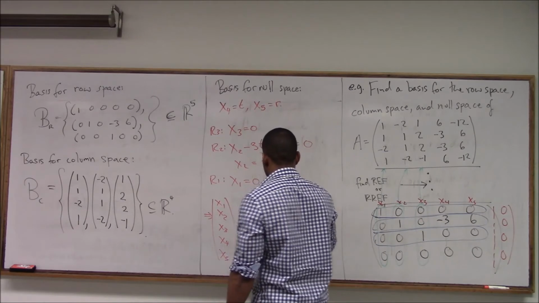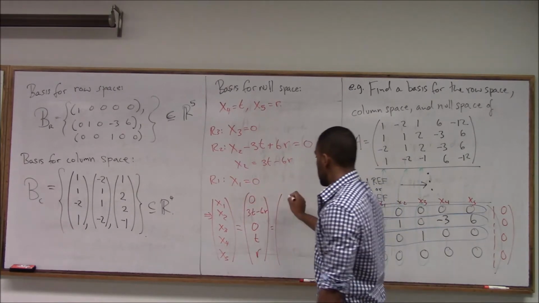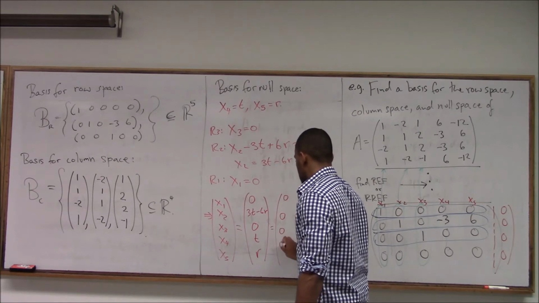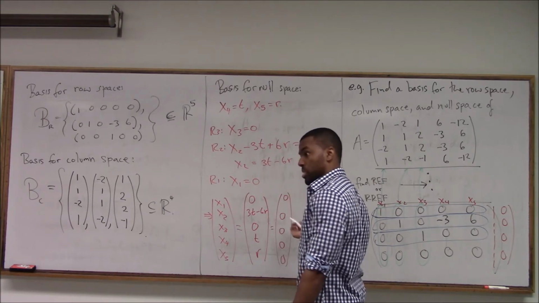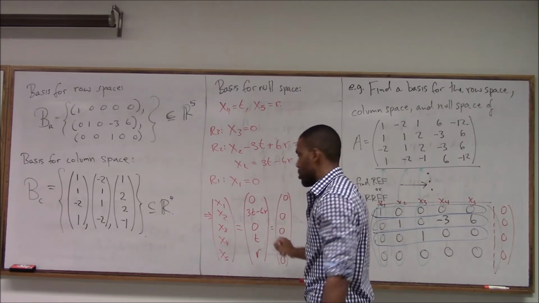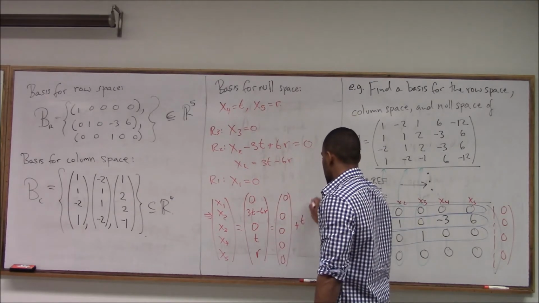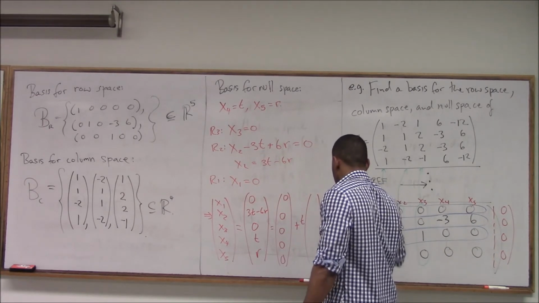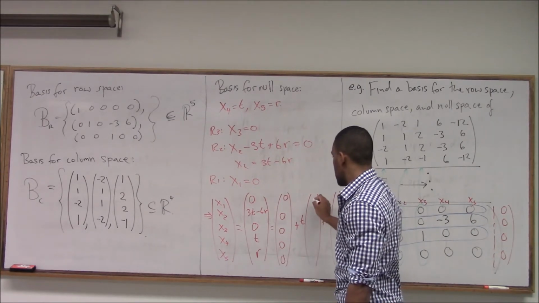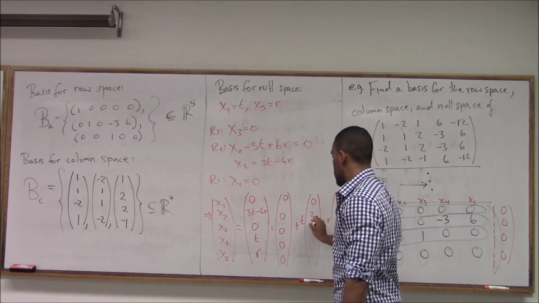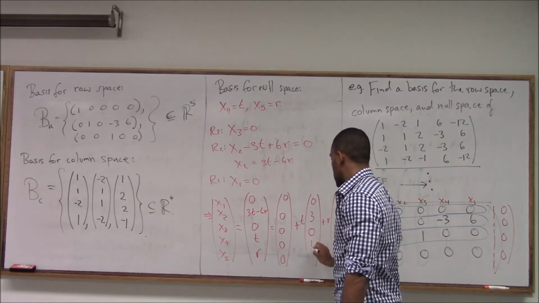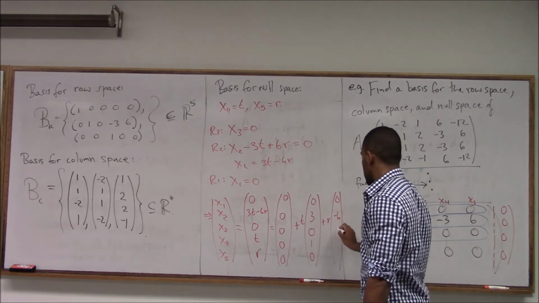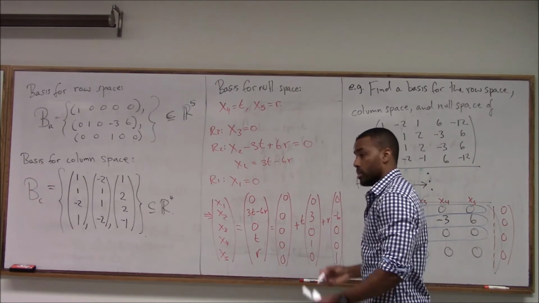And so you can split this up. If I throw in the constants here, those are just 0, 0, 0, so I can actually even ignore that if I wanted to. Plus t times this plus r times that. Coefficients of t are 0, 3, 0, 1, 0. Coefficients of r are 0, minus 6, 0, 0, 1.